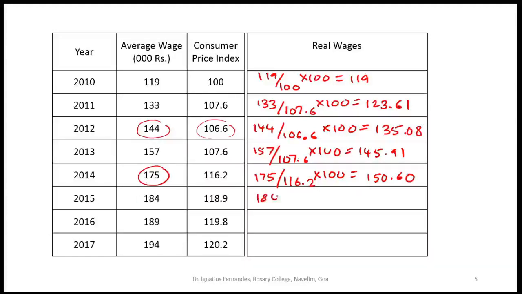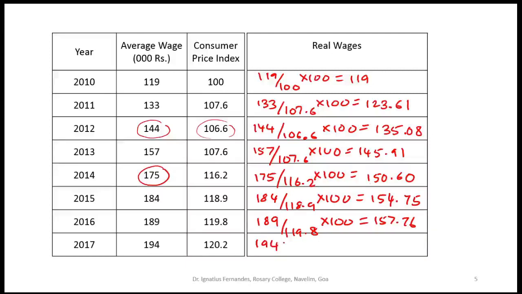For 2015 it is 184 divided by 118.9 multiplied by 100, that will come to 154.75. For 2016 it will be 189 divided by 119.8 multiplied by 100, that will come to 157.76. And for 2017 it will be 194 divided by 120.2 multiplied by 100, that will come to 161.39. So this is exactly how we find out the real wages when the nominal wages and the price indices are given for that particular period.